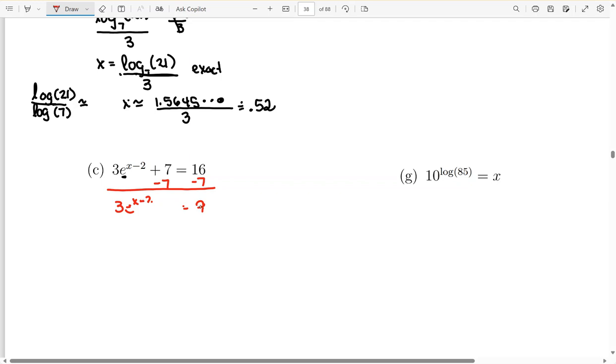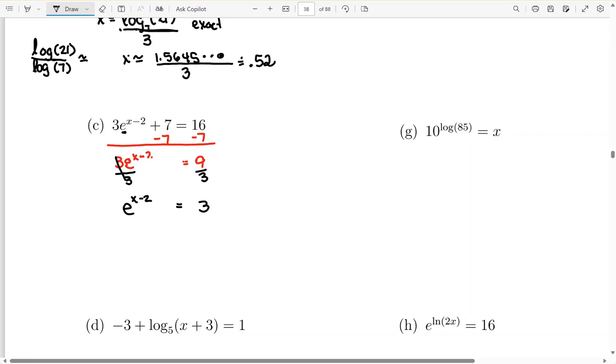And then from there, get rid of the 3 in front of the exponential. Divide both sides by 3. So I have e to the x minus 2 equals 3.